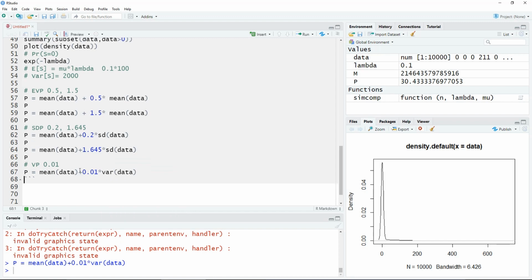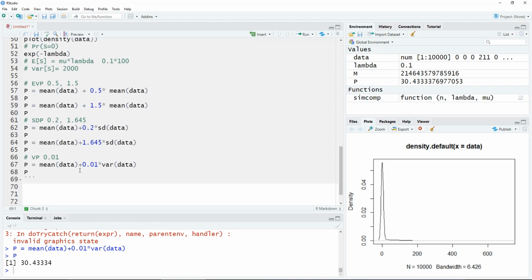So premium will be 30.43. And the last principle is quantile principle.